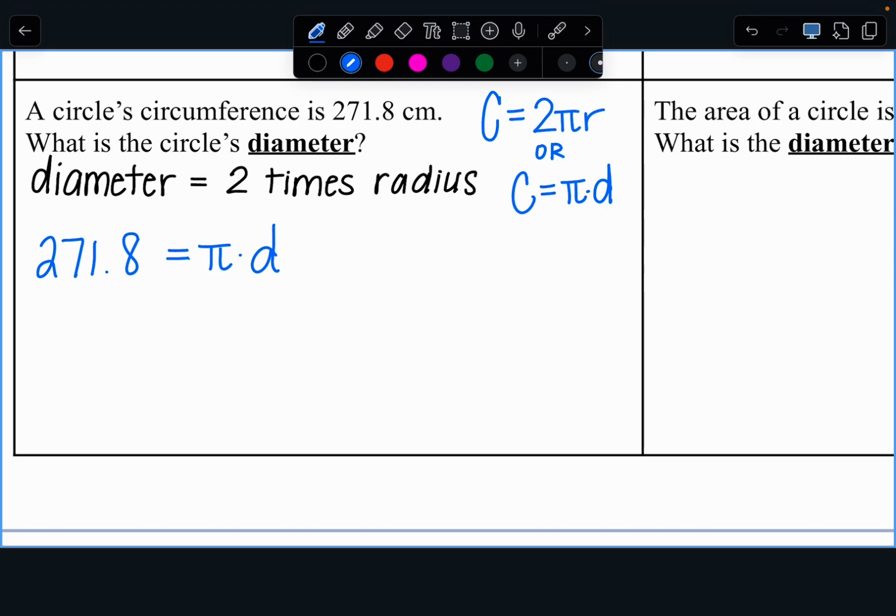How do we get the diameter by itself? Yeah, we gotta take away pi. So divide by pi. 271.8 divided by pi. 86.517 centimeters is your diameter.